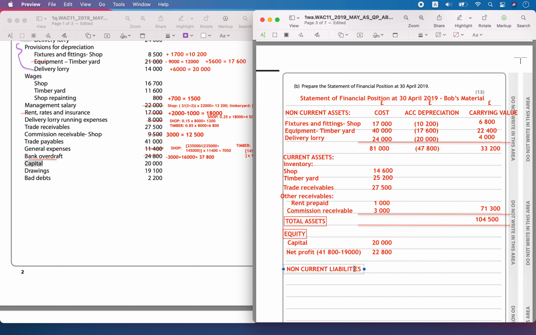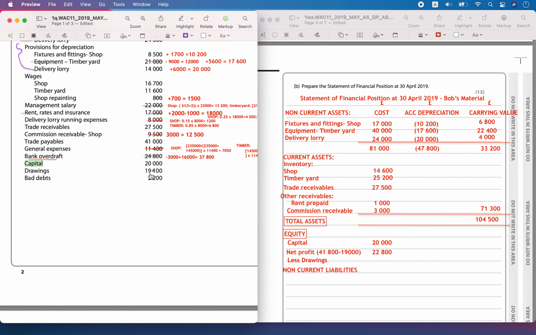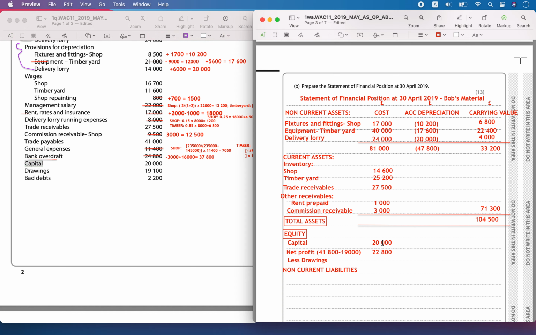Then you have less drawings. So capital plus net profit, and then you will have to do less drawings. The drawings is around 19,100.